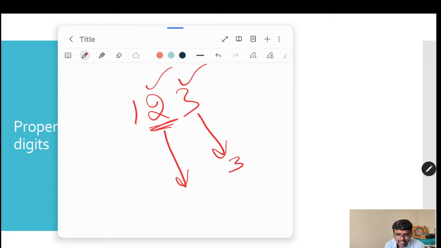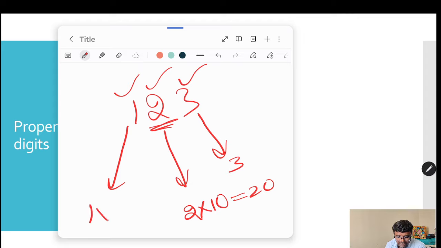This is the ones place, this is the tens place, this is the hundreds position, and then thousands. I assume you know that very well, so I am not getting into great detail. So for the 2, the place value is 2 into 10, which is 20. And 1 is in the hundreds position, so the place value of this 1 is 1 into 100, which is equal to 100.